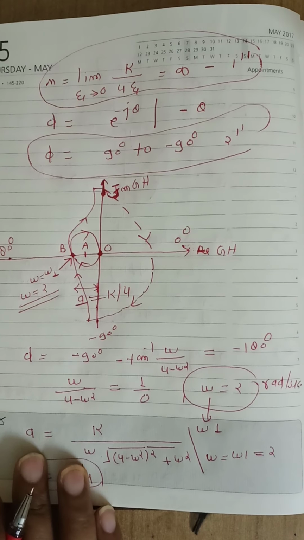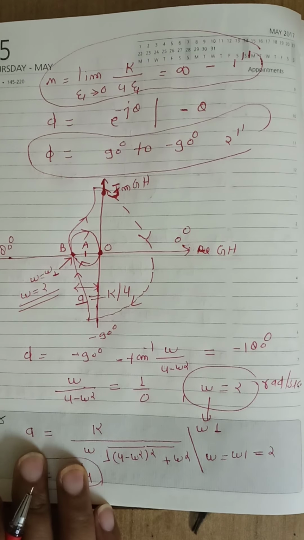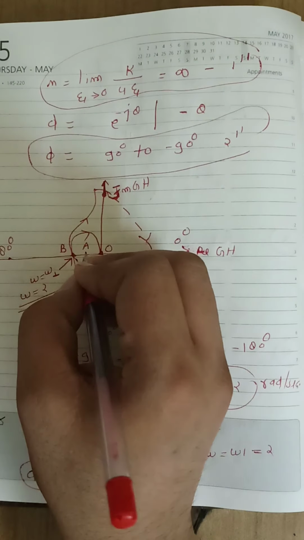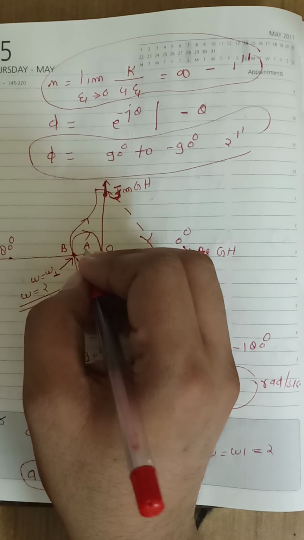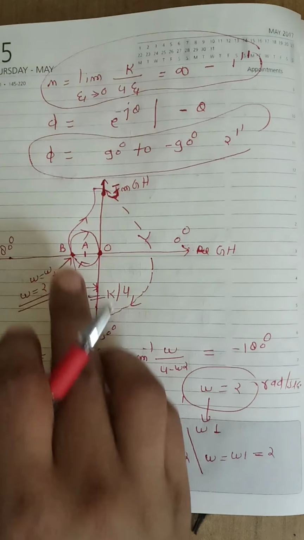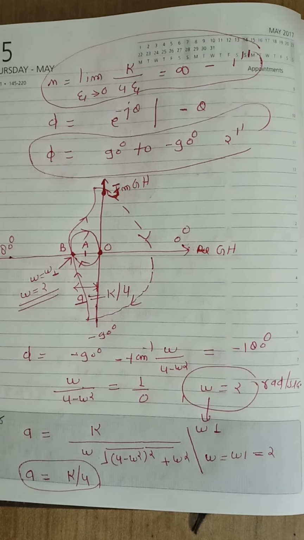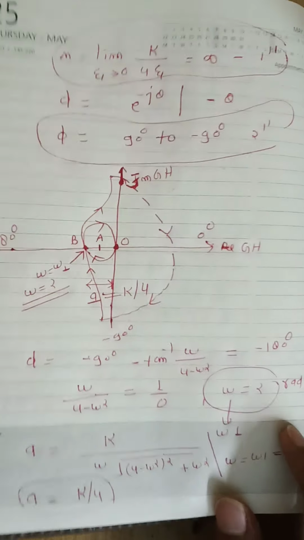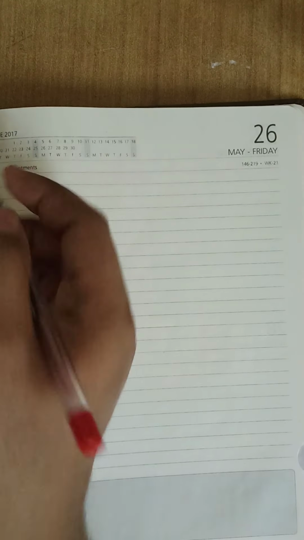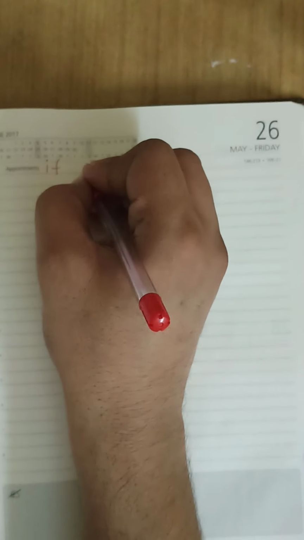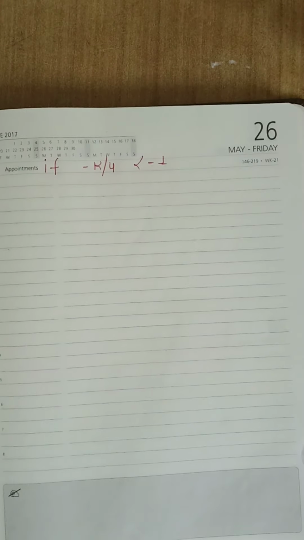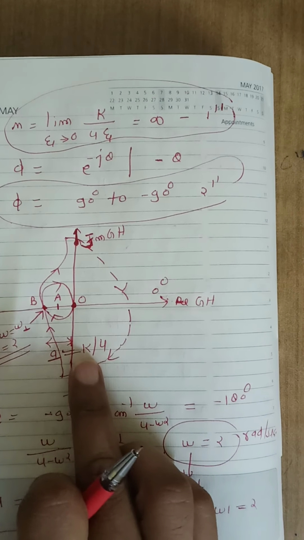Now let us say we have a critical point at point A, or you can say inside the first closed path. How is it possible? If minus K by 4 is less than minus 1. How am I writing minus K by 4?